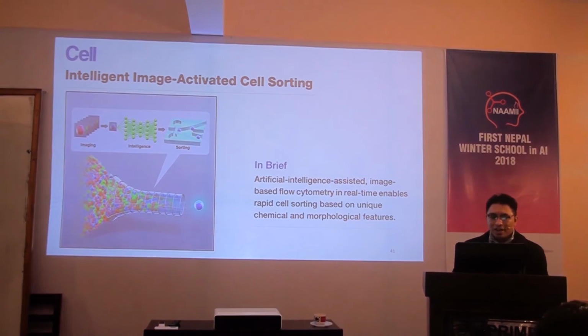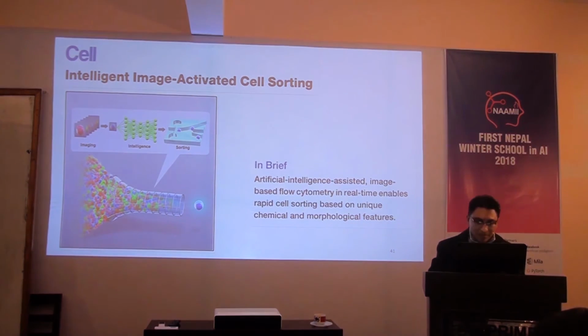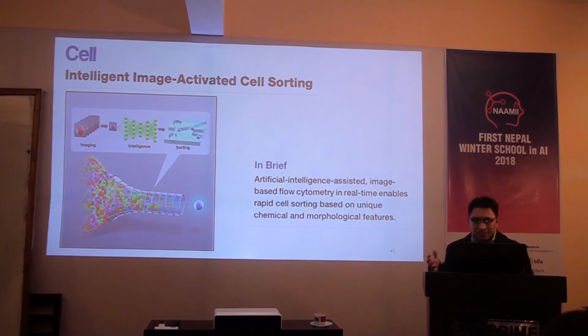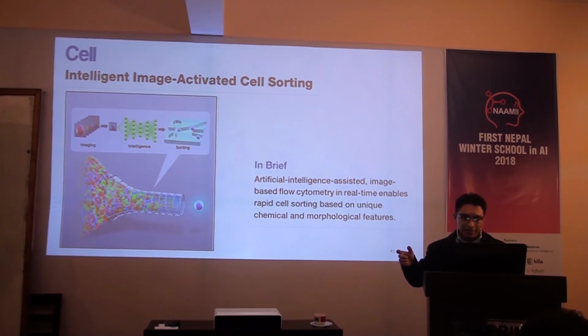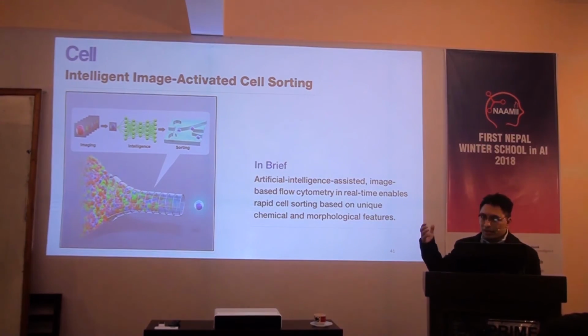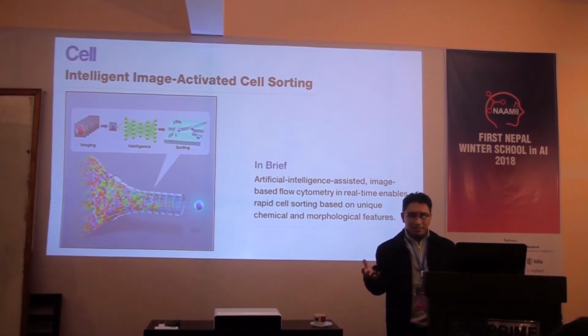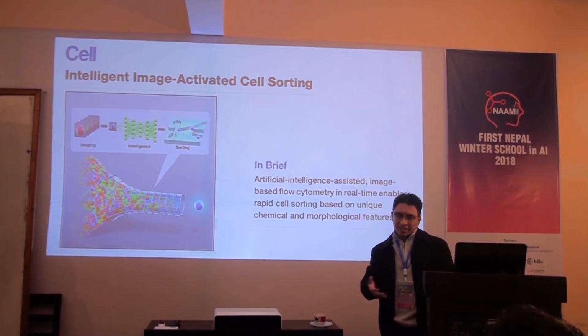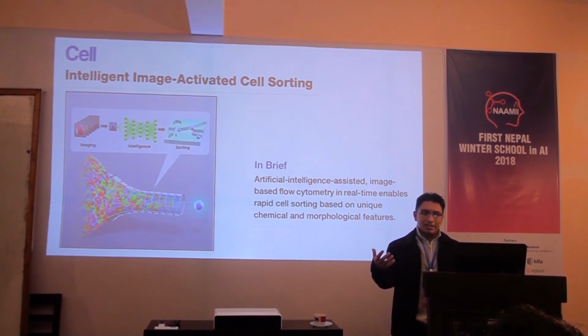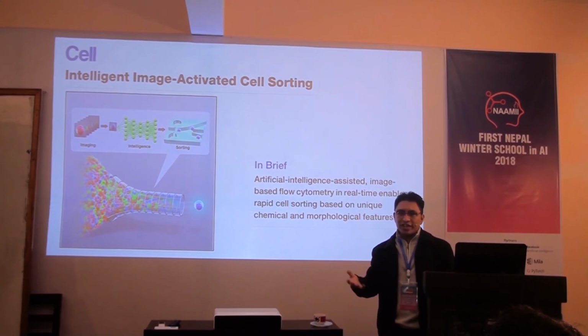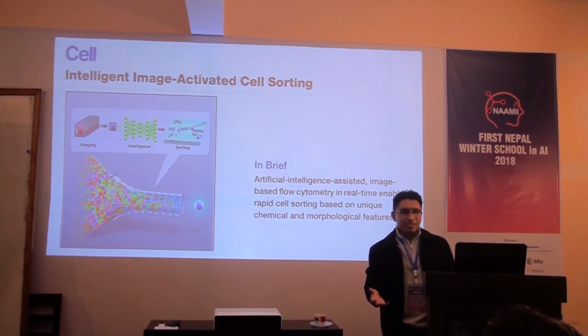So another interesting problem is how to classify different cells based on their images. In a tissue, there might be lots of different types of cells. For example, within a kidney tissue, there might be more than 10 to 15 different types of cells.